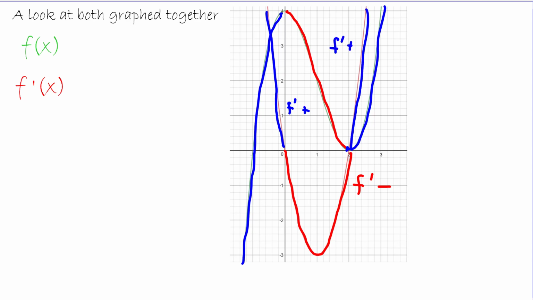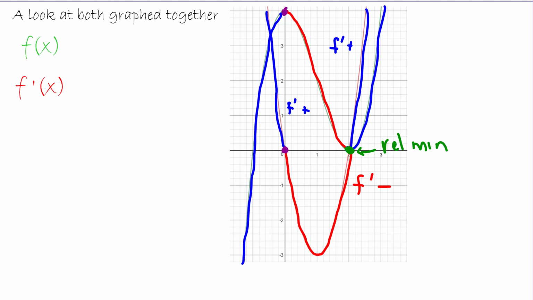And if you notice where they change from red to blue, I have a relative max. When f prime goes from positive to negative, we got a relative max, and that's where the graph is at its highest point for f. When f prime goes from negative to positive, which is right here at x equals 2, that's where the graph of f had a relative min.